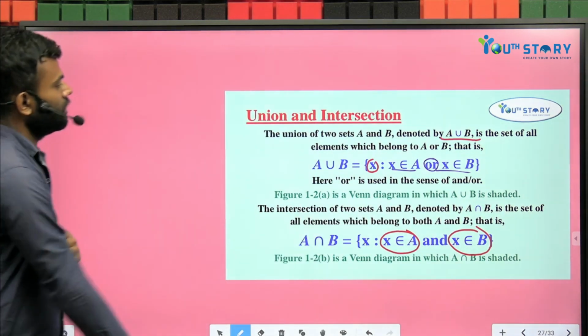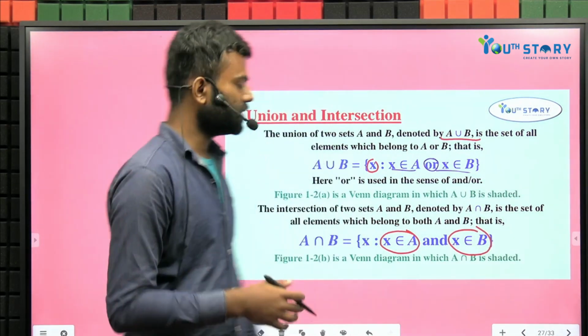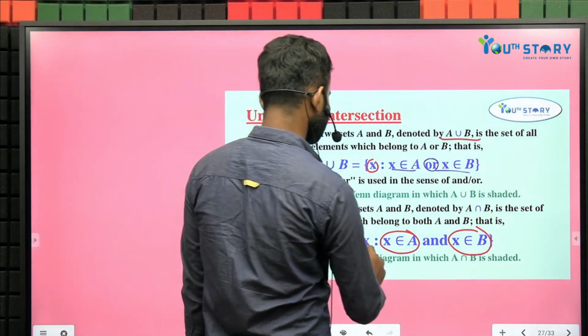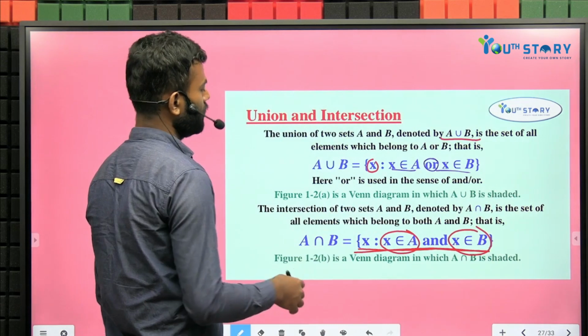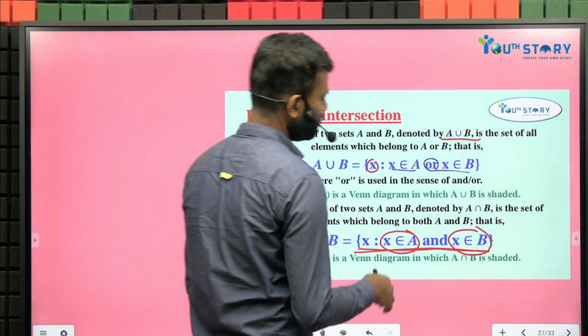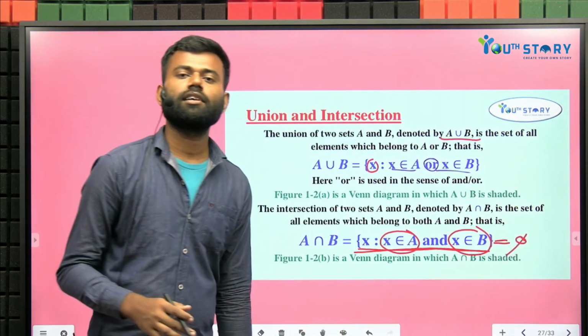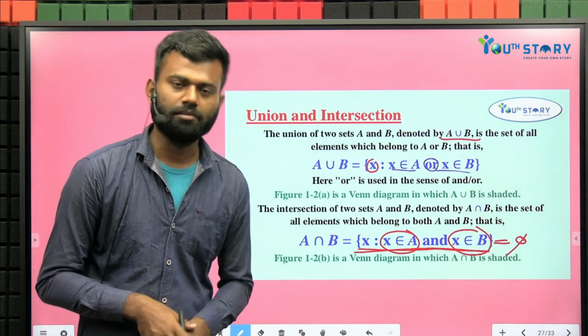Now, if A and B are disjoint sets, then of course the set of X such that X is a member of A and X is a member of B will be the empty set, because disjoint sets have no common element.